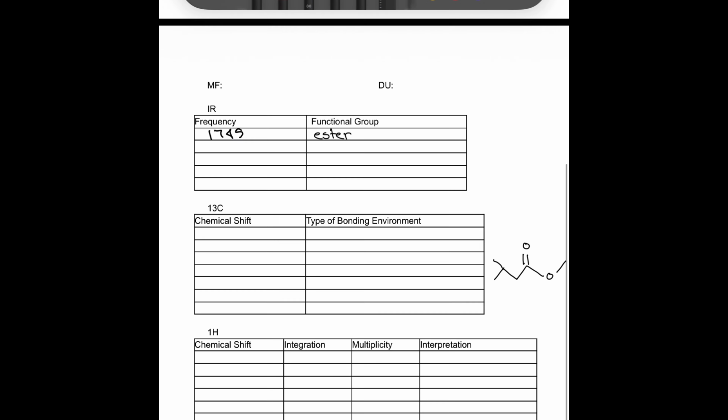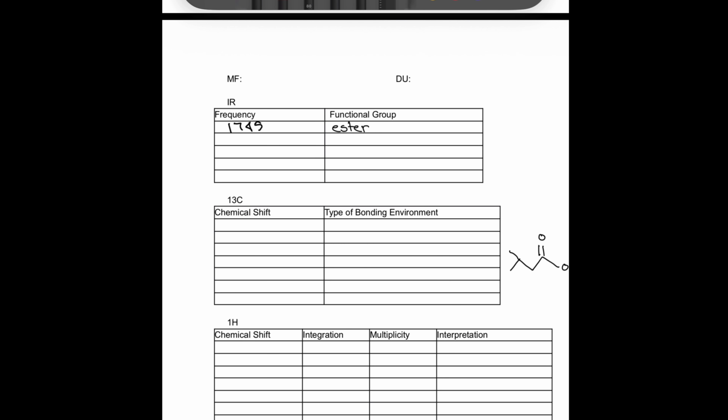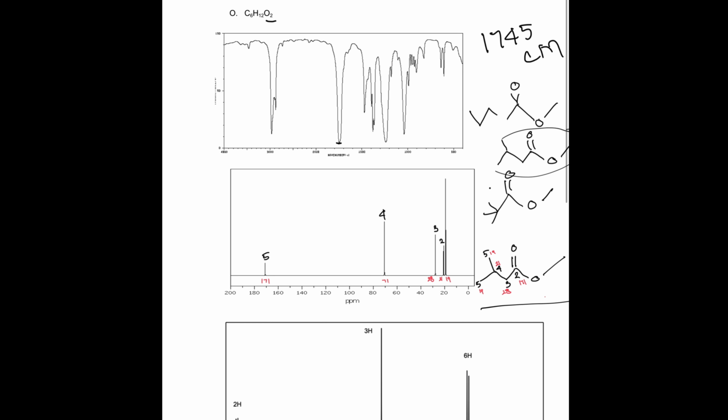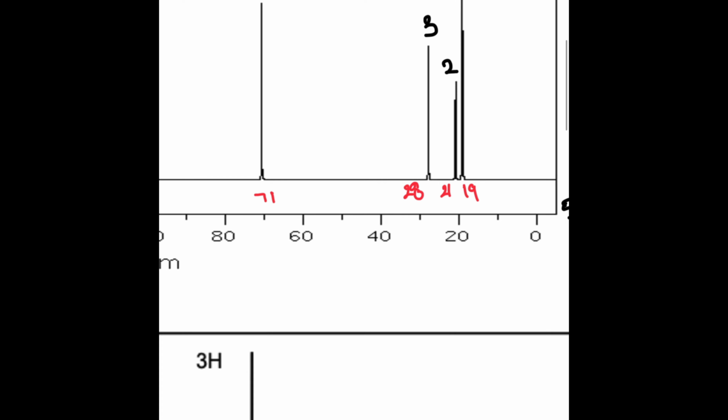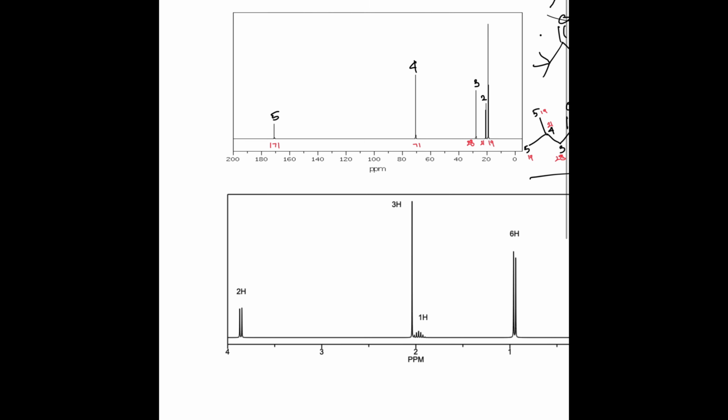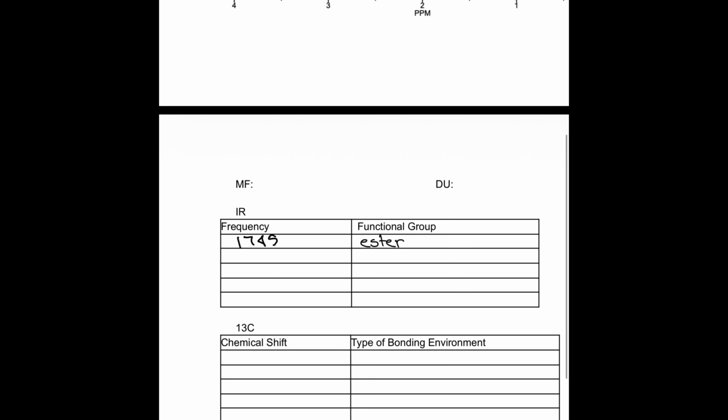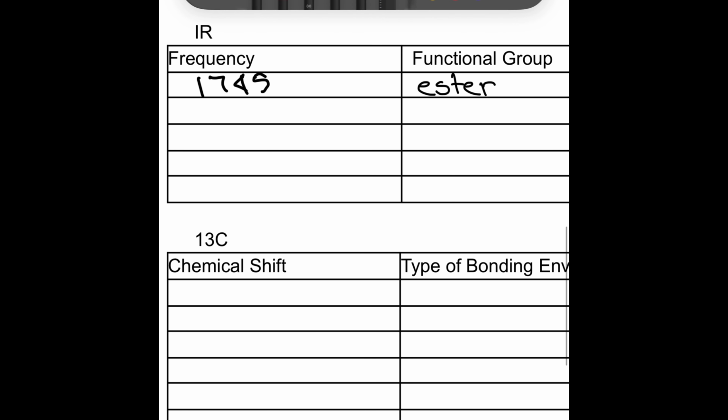Then to fill in the table with the ppm values that we have determined, the first one we found is that 19, that first peak, and that had 2 CH3 groups.